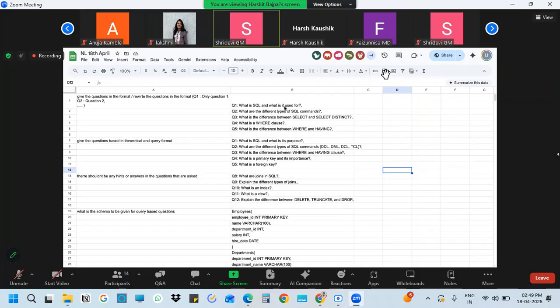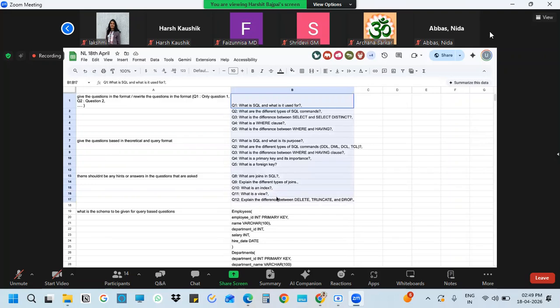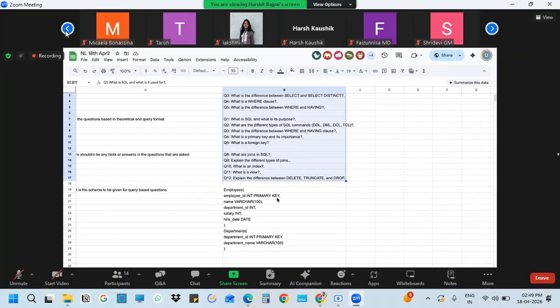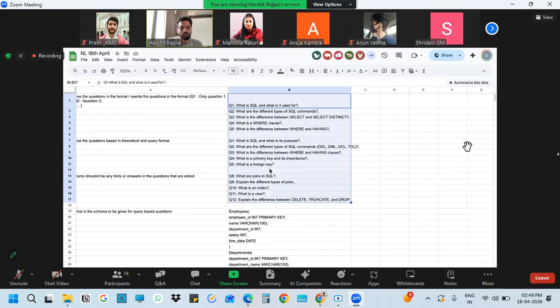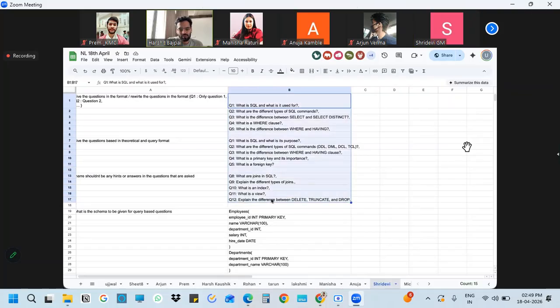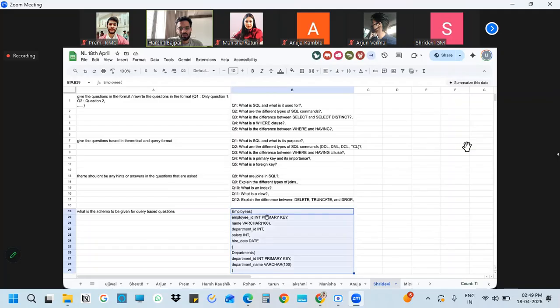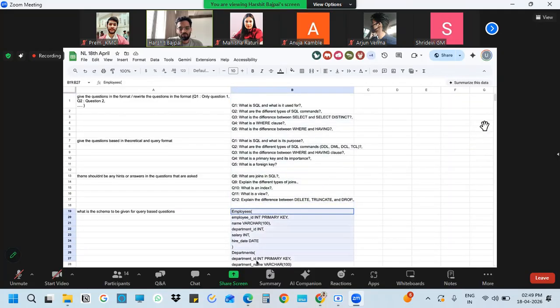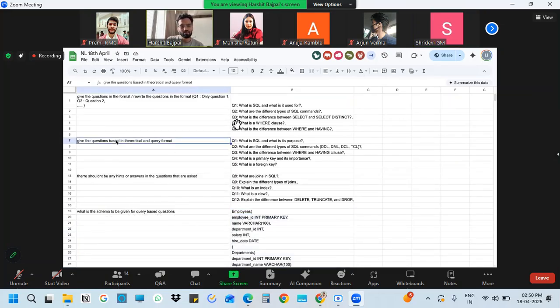It ended up generating, to be honest, a bad output, because think about it, everything is theoretical. I don't see anything which is query based. Like this schema, I'm not sure there is any question for this. There is no question, right? Maybe you need to change the wordings here.